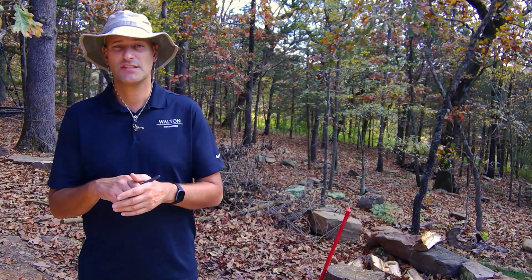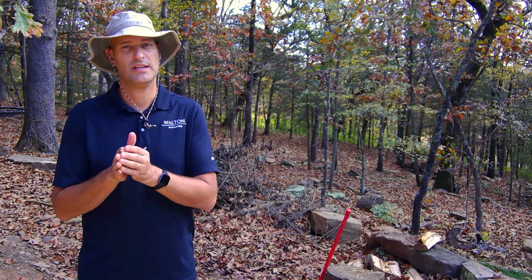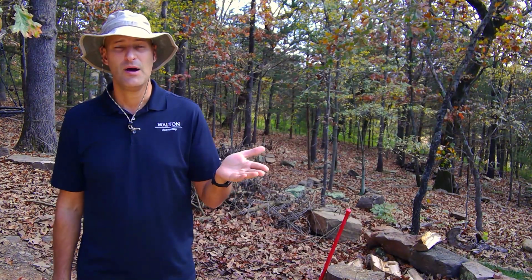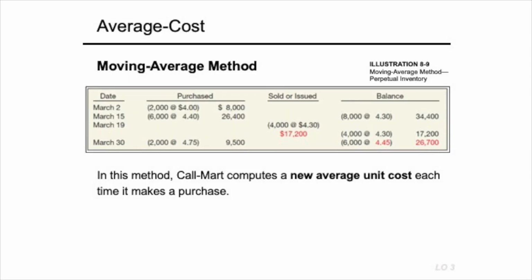Now average costing changes if we're doing, say, perpetual versus periodic. What we just did was a periodic system. Now, a perpetual system would actually give us something different because halfway through the month on March 19th, we actually made sales. So the average cost when we made those sales is different than it is at the end of the month after we purchase more items.